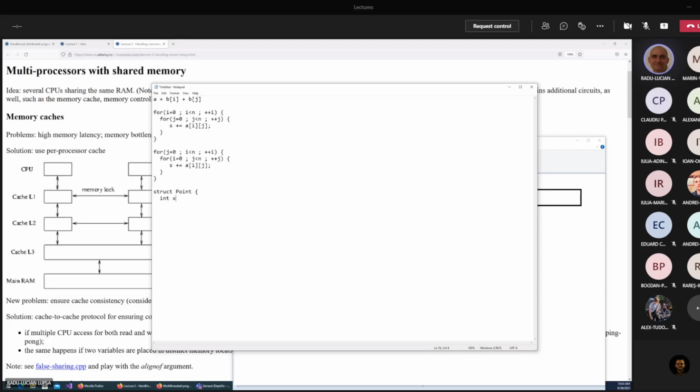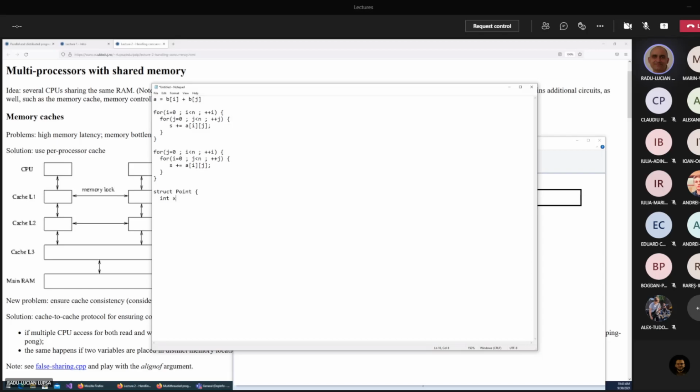versus structure of arrays like this, with int x of something and int y of something.